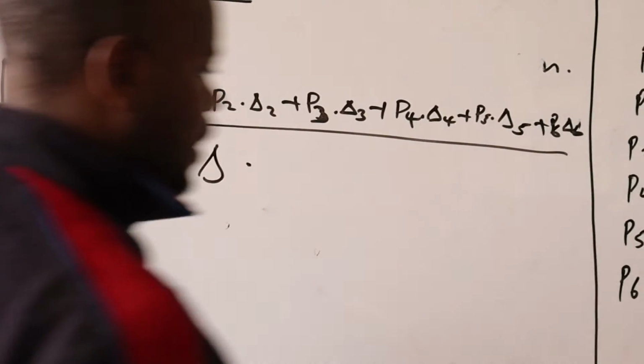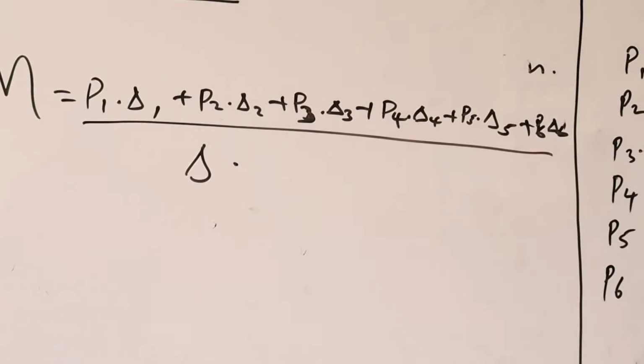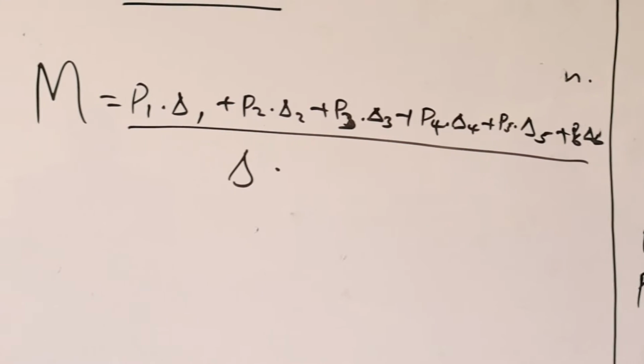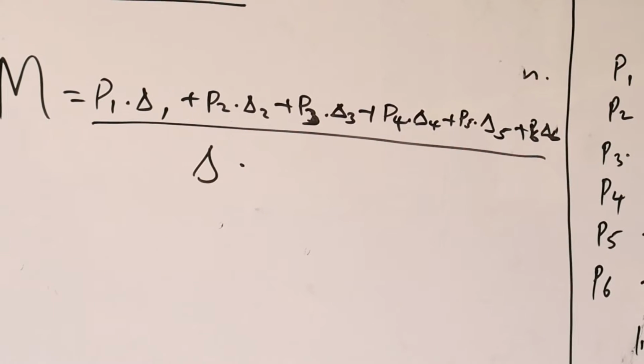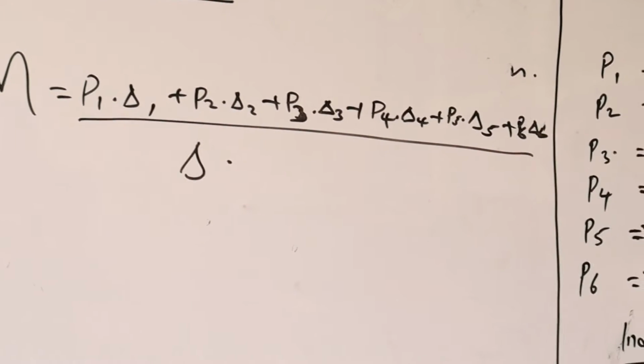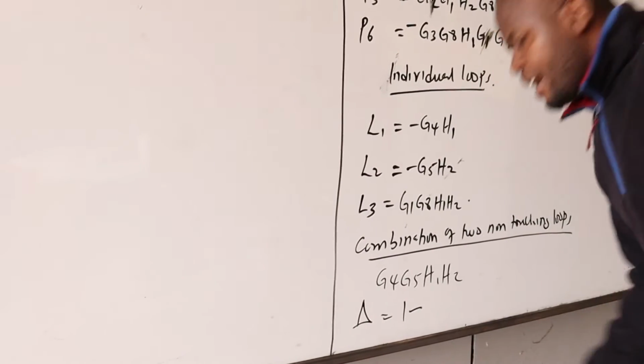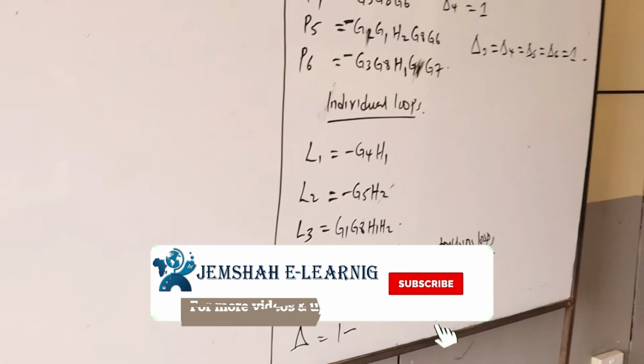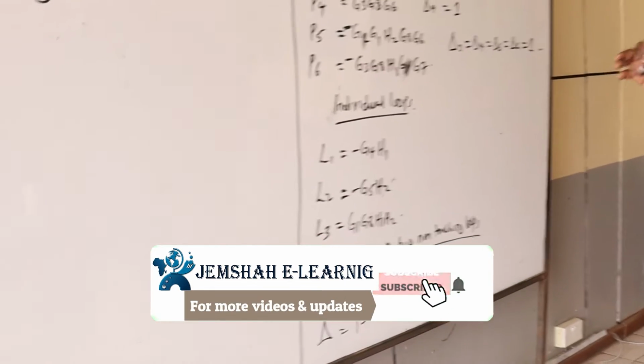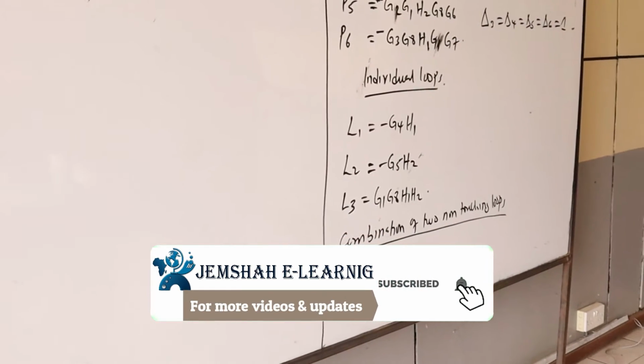If we remember how we get the overall determinant, it will be given by 1 minus the sum of the individual loops.